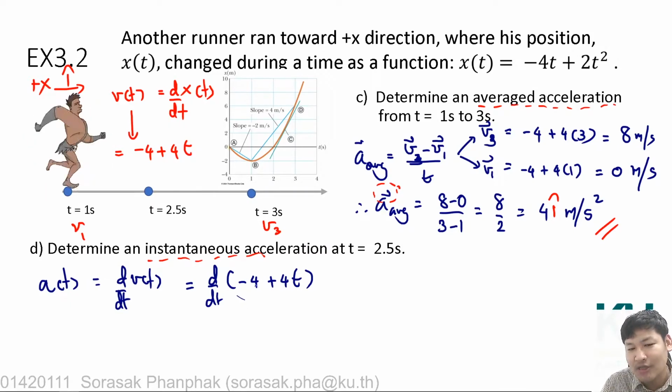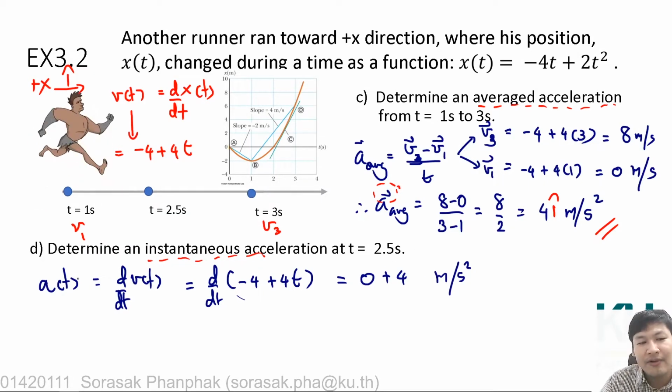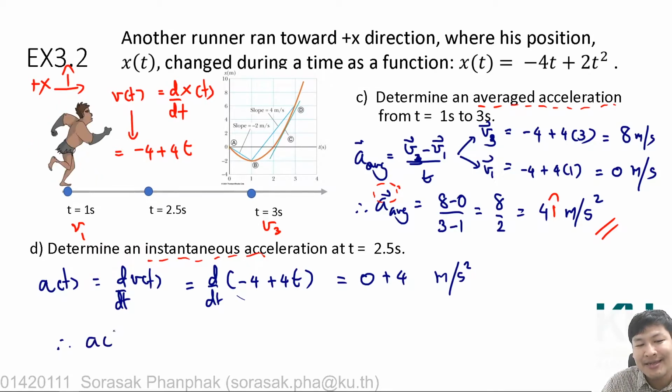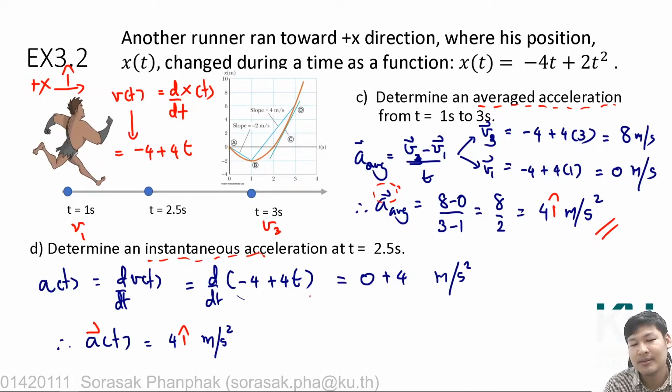The minus 4 is a constant, so it goes to zero, but 4t gives 4. So the instantaneous a equals 4 meters per second squared. If it is a vector, put the direction to it.